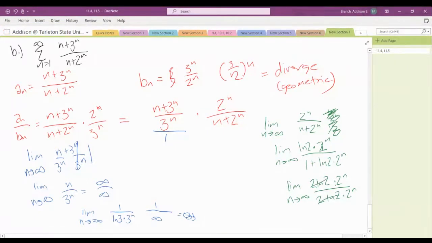That's going to cancel out, so we're just left with 1 for our limit. So we get a 1 right here. Therefore, our limit as n approaches infinity of a_n over b_n is equal to 1 times 1, so 1. That fulfills our criteria, and we know that our b_n is divergent. Therefore, our a_n also has to be divergent.